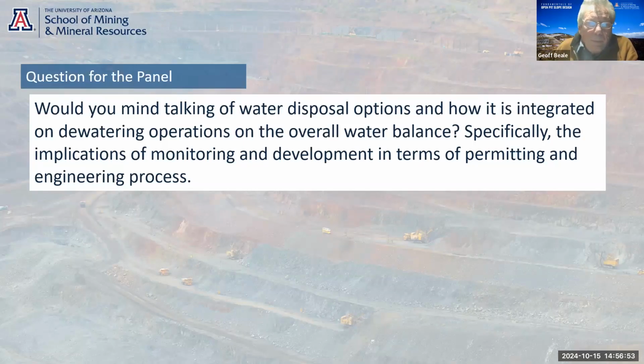In other cases, if you've got a dewatering system where you're pumping clean water, maybe you've got good interceptor wells, and the water quality meets discharge standards, then you can quite happily pump it and put it back to the environment.